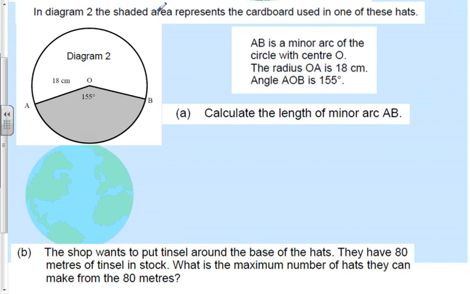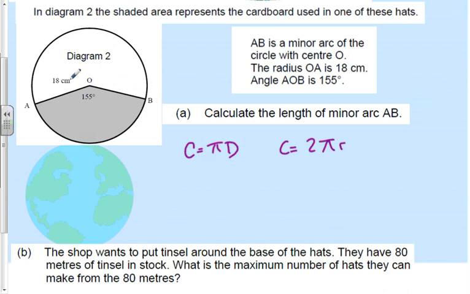Well, the minor arc is this section of the circumference. And we know that the circumference formula, C equals pi d, or you might be using c equals 2 pi r. It's really up to you, as long as you remember to use either the radius or the diameter respectively. So, since we are looking for an arc, we want a portion.